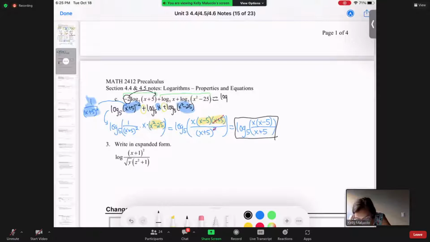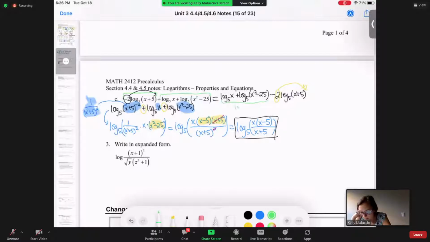So I'm going to say log base 5 of x plus log base 5 of x squared minus 25 minus 2 log base 5 of x plus 5. Now, if we think of it this way, we only bring the 2, we don't bring the negative. So we bring the 2 in, and then we start to combine.